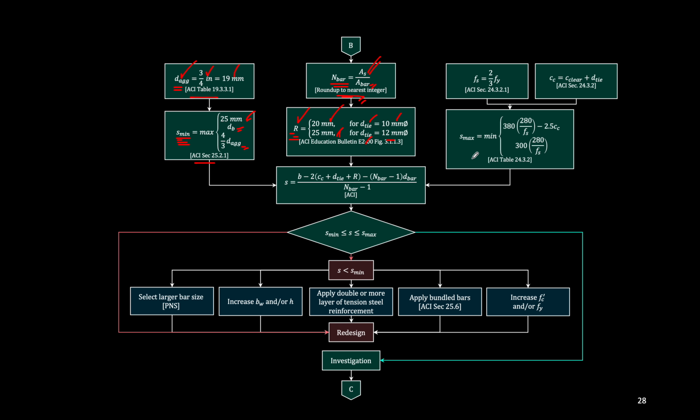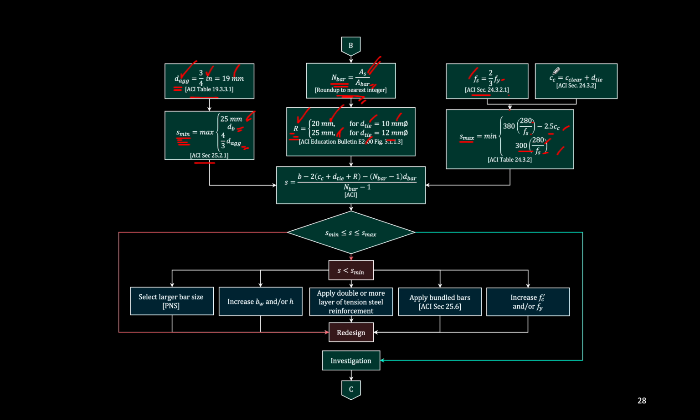And then, after that is yung maximum spacing naman. So to solve for our maximum spacing, it is the minimum value between these two equations: 380 times 280 all over fs minus 2.5 times Cc, tsaka yung 300 times 280 all over fs, for which yung fs based on ACI section 24.3.2.1 is equivalent to 2/3 ng ating fy.